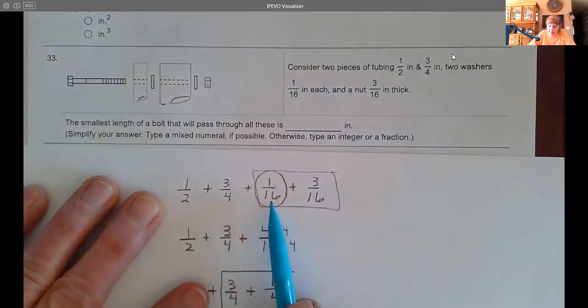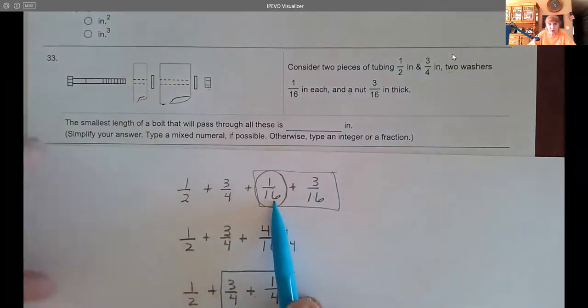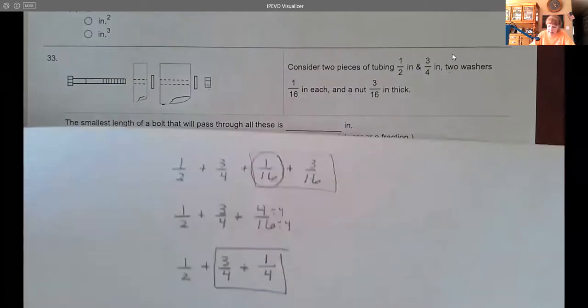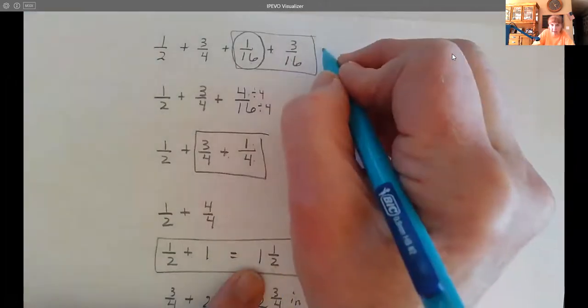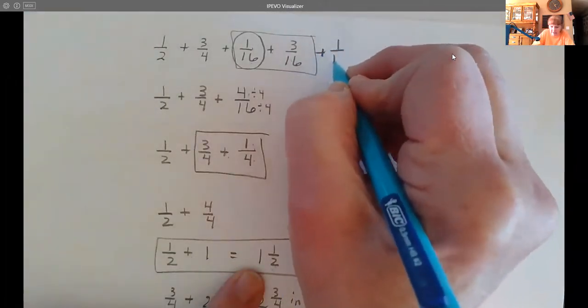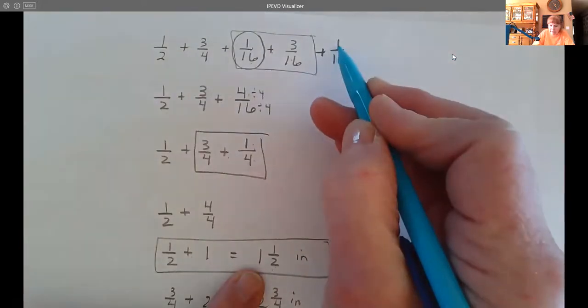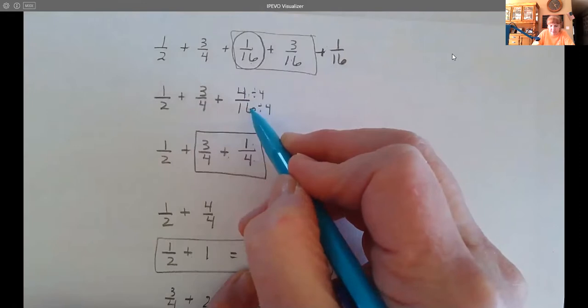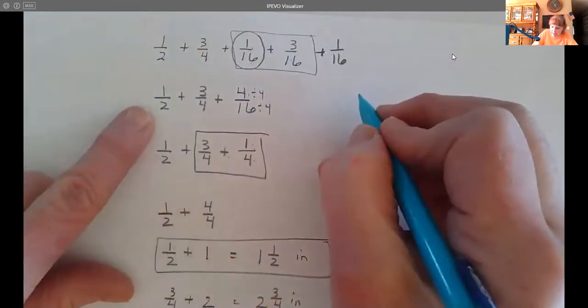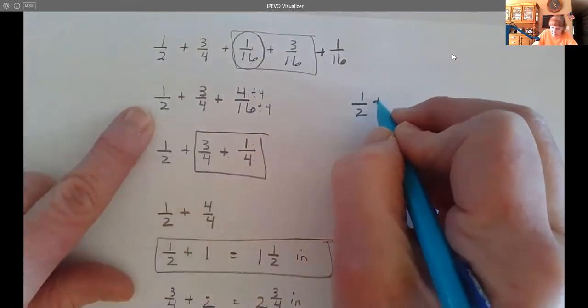So I'm missing this right here. So what I can do is add in my 16th here. I am missing 1. So we should have had plus 1/16, which would have made this 5/16. Let's go ahead and go back. Sorry about that.